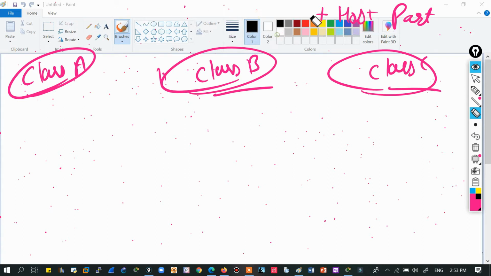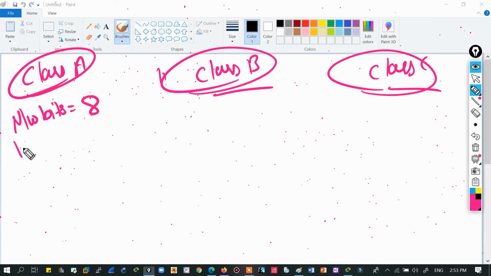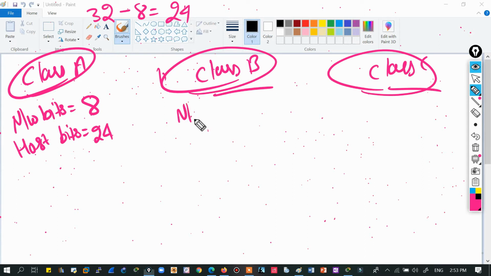Let me write that part. In class A, network bits are 8, and how many host bits should there be? Total IP is 32 bits, network bits are 8, so host bits are 24. In class B network bits are 16, so host bits remaining are always 16.